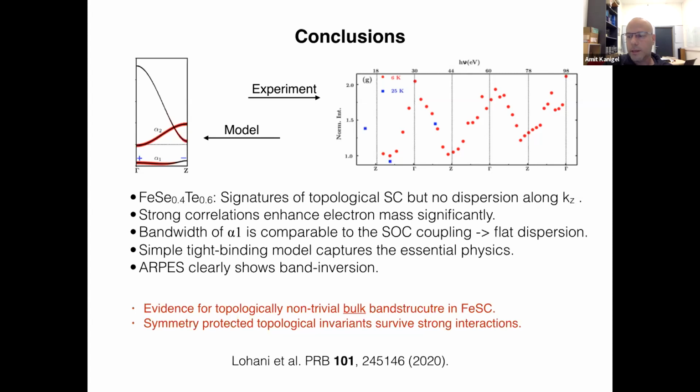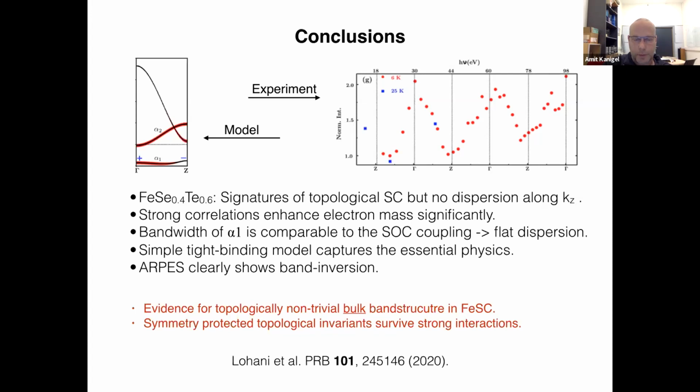There is no dispersion in KZ, so it cannot just be a strongly dispersive PZ orbital crossing D. This is due to the very strong correlations in this material. But nevertheless, using this simple model, we can understand it.